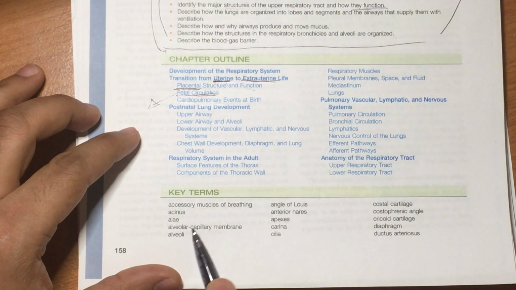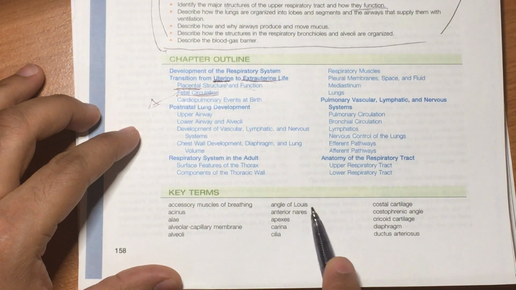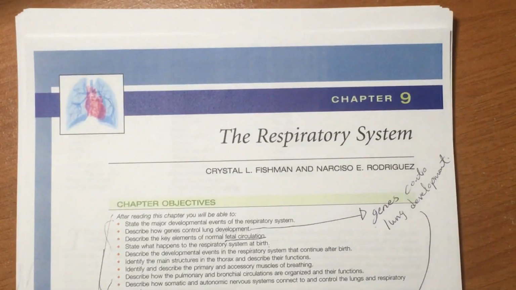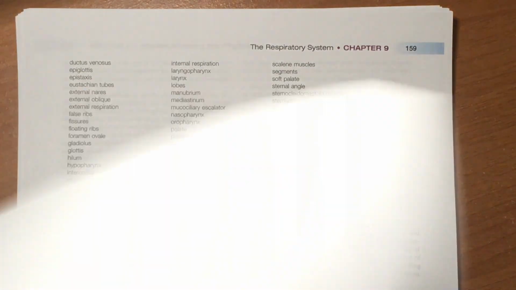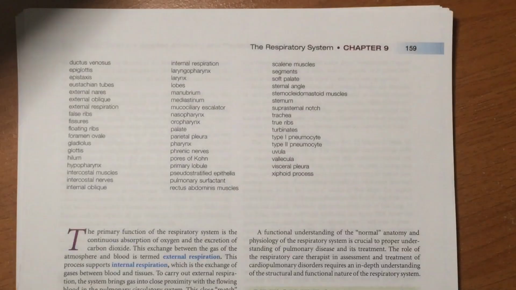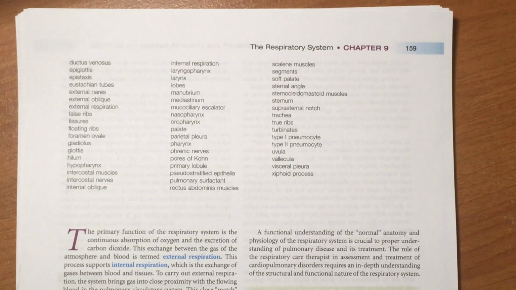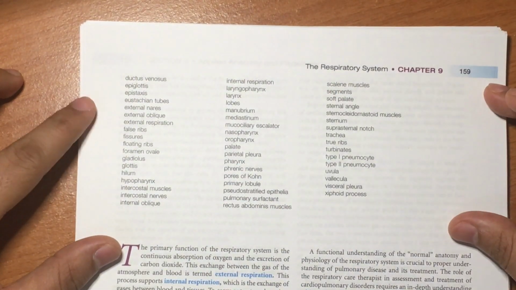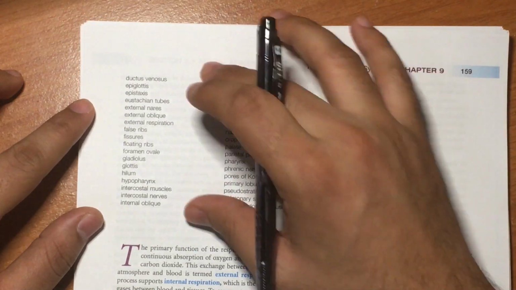The acinus, the alveolar cavity membrane, the alveoli, the angle of Louis, anterior nares. All these terms will help you a lot if you want to understand the whole chapter. We're still here. This is the second page, and it has many other terms that you should look at.